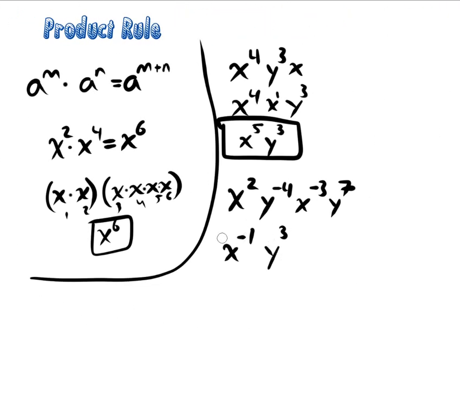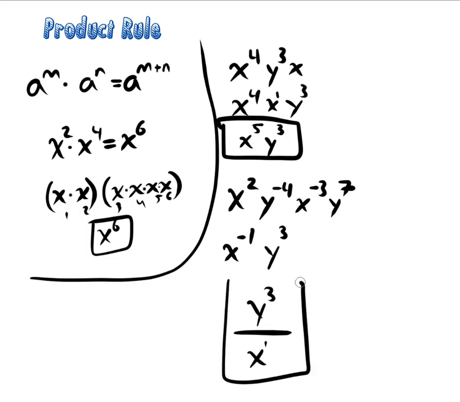Here I would take this x to the negative 1 and change it to this: y to the 3rd once again stays on top, and it becomes x on the bottom, once again to the 1st power. But you don't have to write that 1st power. It's assumed if you just leave it x, okay? So y to the 3rd over x is my final answer.